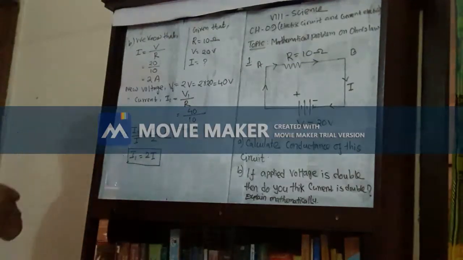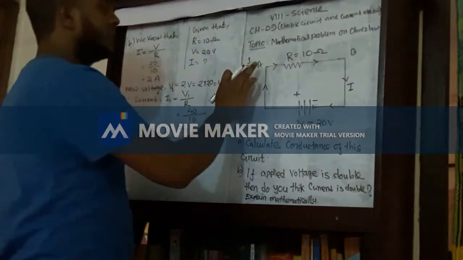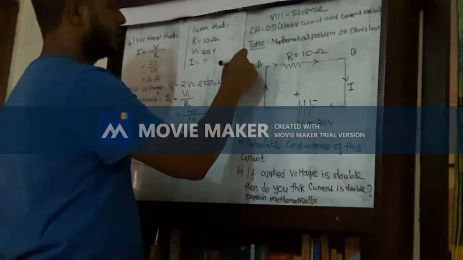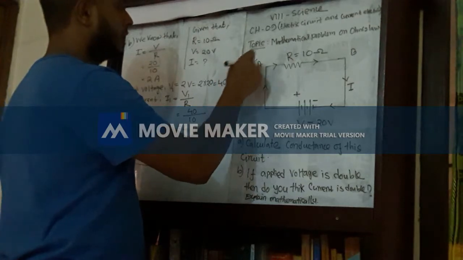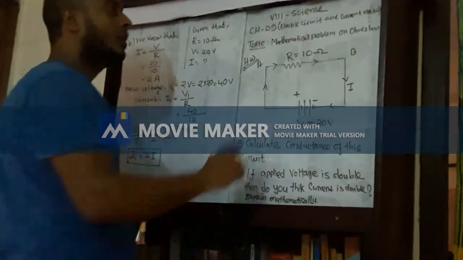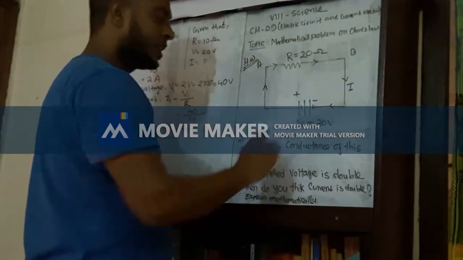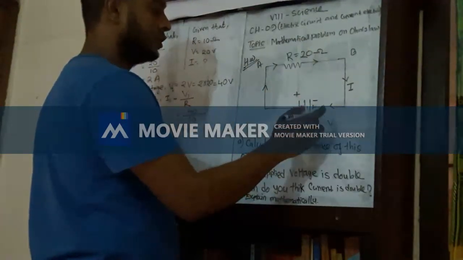Now, I'm going to give you a homework similar to question number 1. Your homework is: here R is 20 ohm and V is 80 volt.